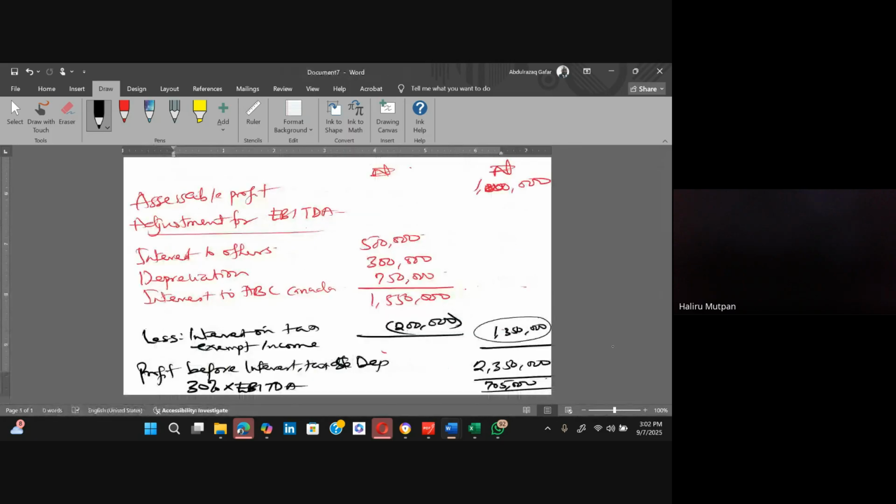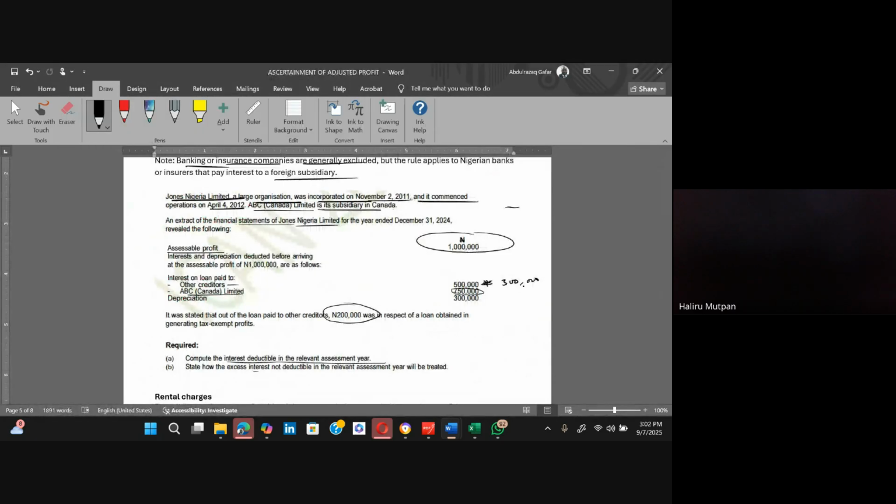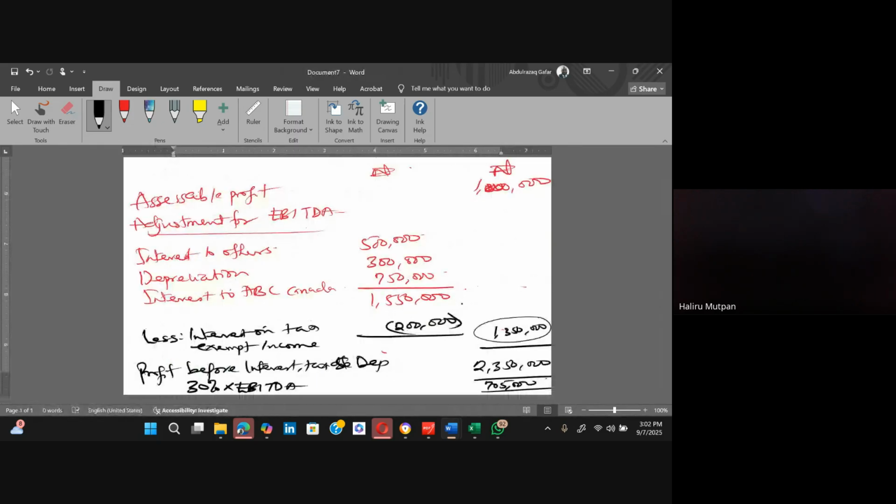Okay, so 705,000. But the difference between the interest that was paid, between 750 and 705,000, is what will be carried forward for other years.